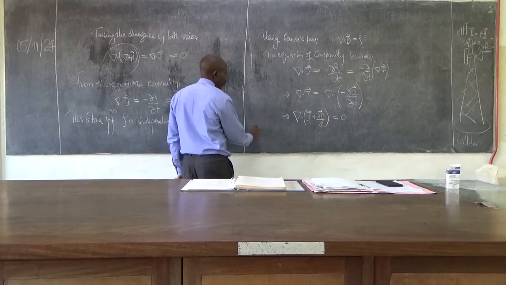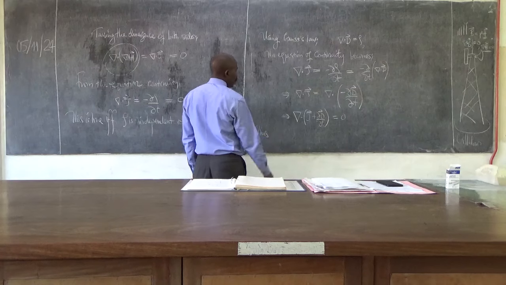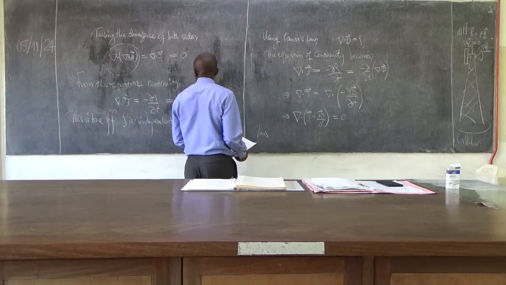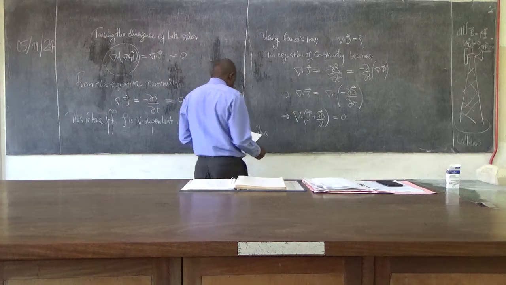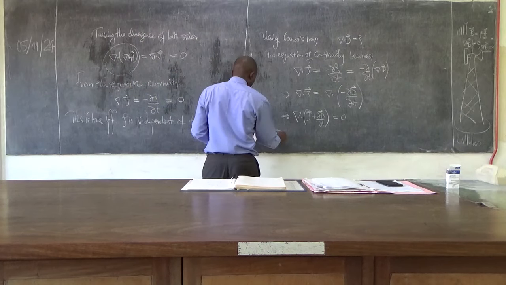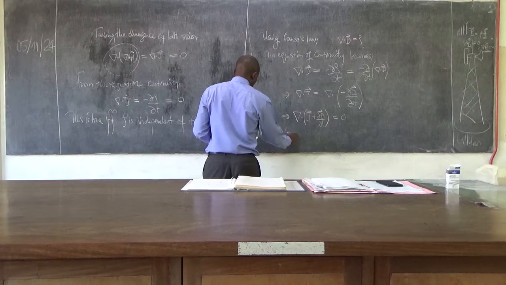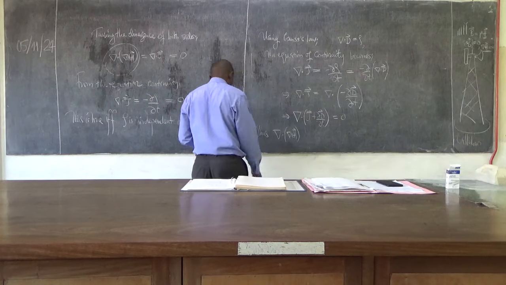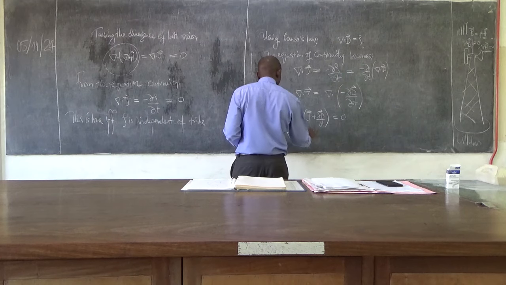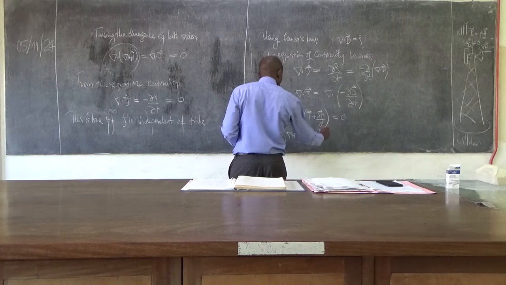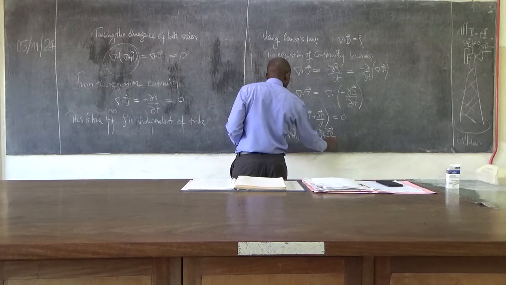Thus we would comfortably say that what was equal to 0 here, the divergence of the curl of H, will now be equal to the divergence of J plus partial D by partial t.